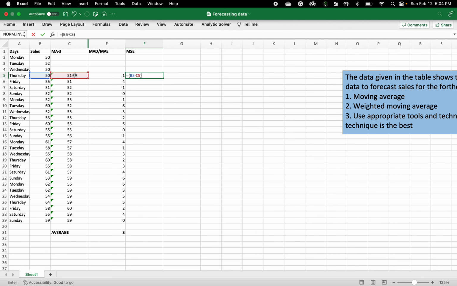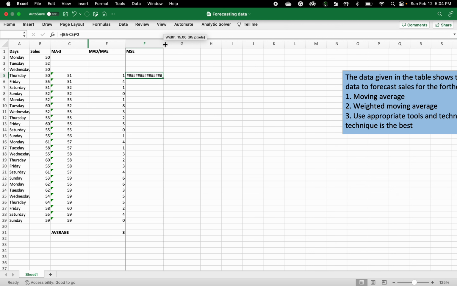However, we will take square, and the idea of taking square is that we want to get rid of this negative. Again, you know that 50 minus 51 is equal to -1, and we don't want this negative value. So to get rid of that negative, we take square, because if it's -1, if you take its square, it will be +1.